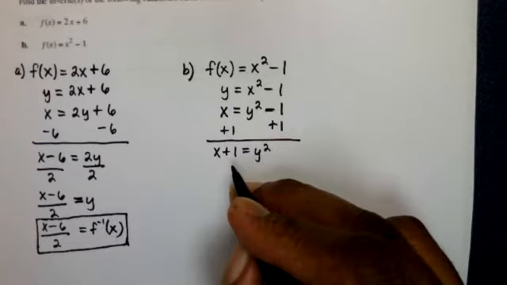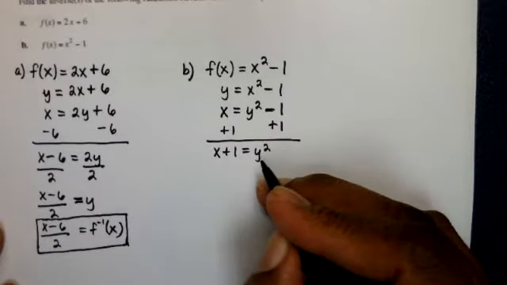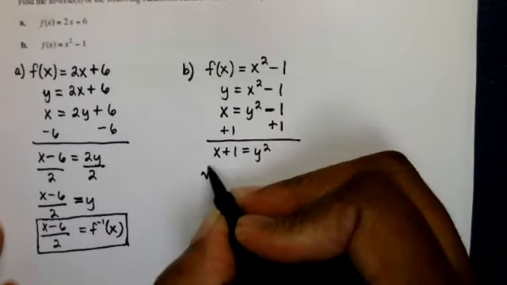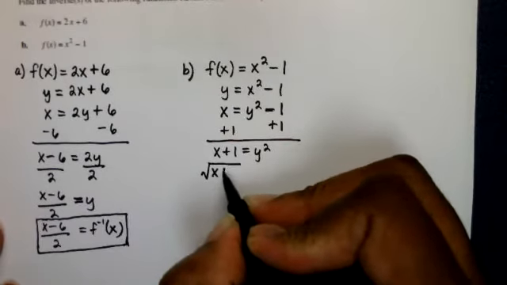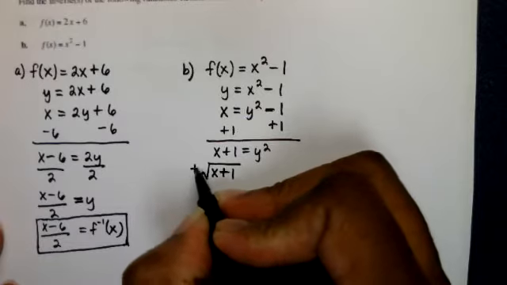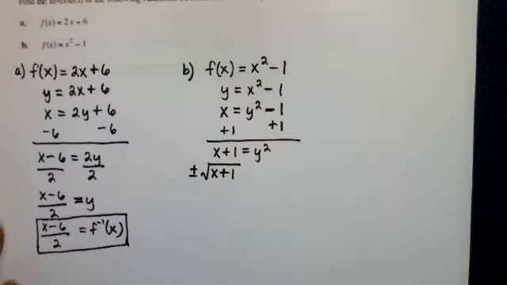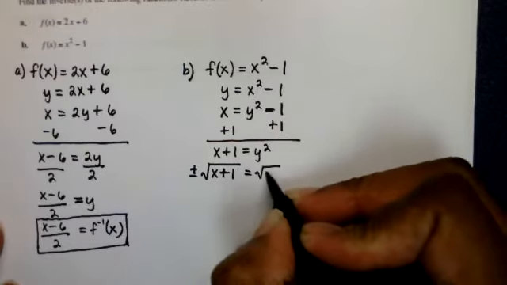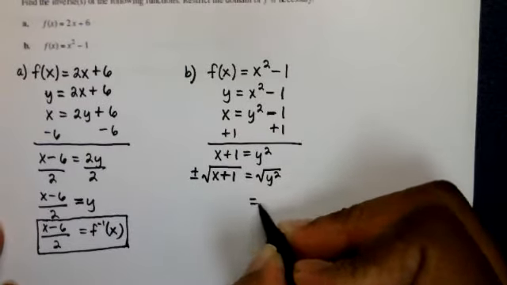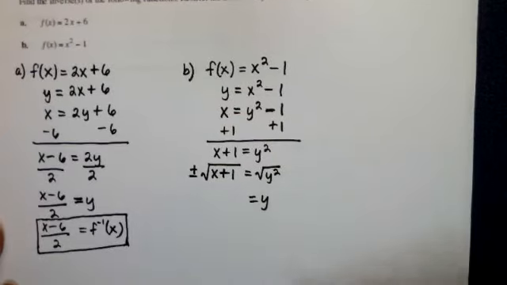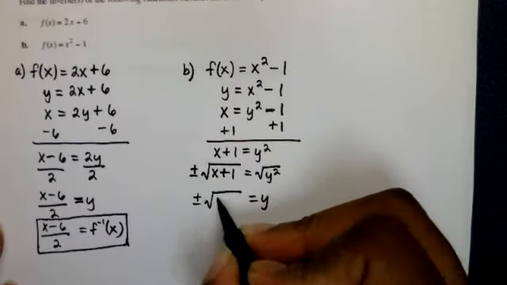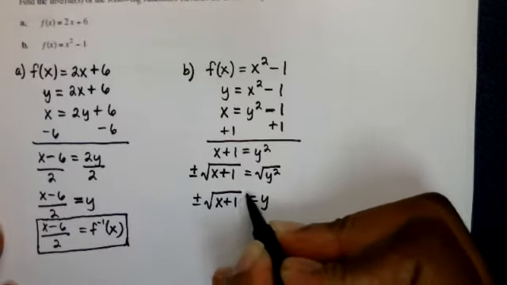But we're going to restrict the domain. So let's go ahead and solve for y. The opposite of squaring something would be to take the square root on both sides. And notice that I'm including plus or minus because I'm taking the square root. So that means y is equal to plus or minus the square root of x plus 1.